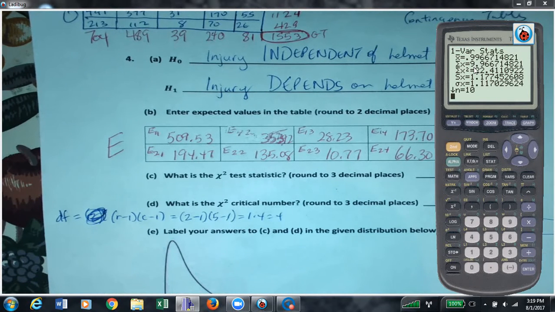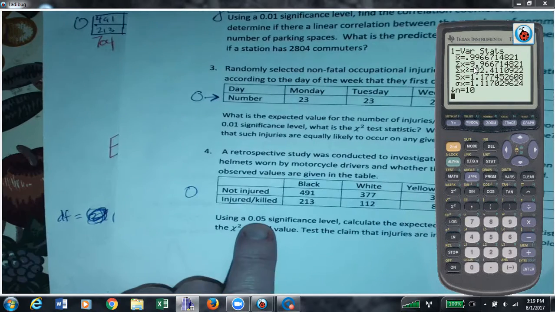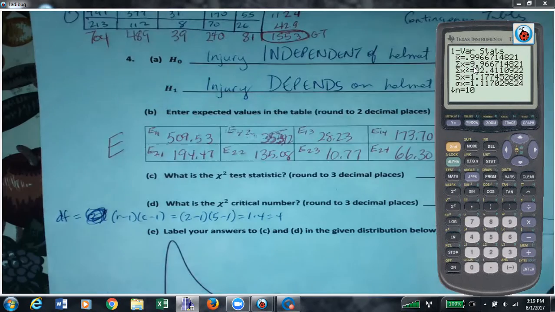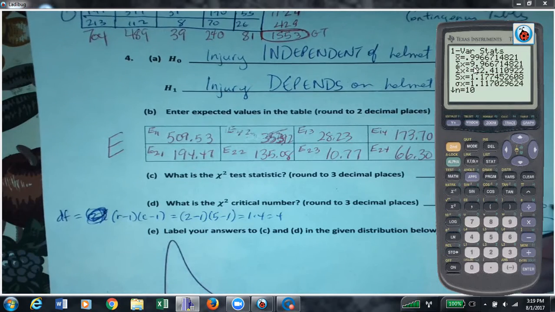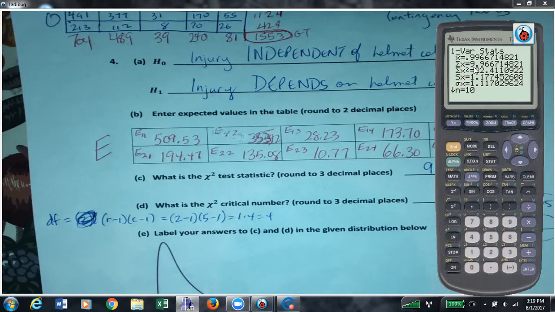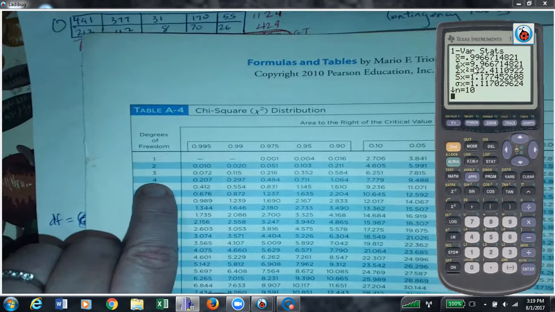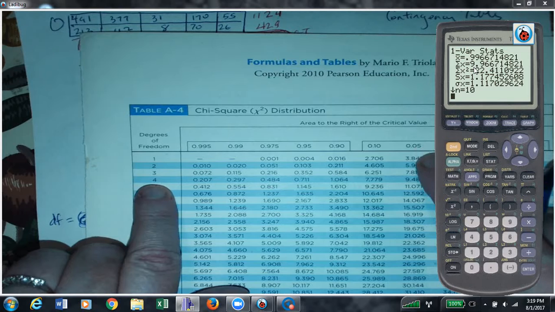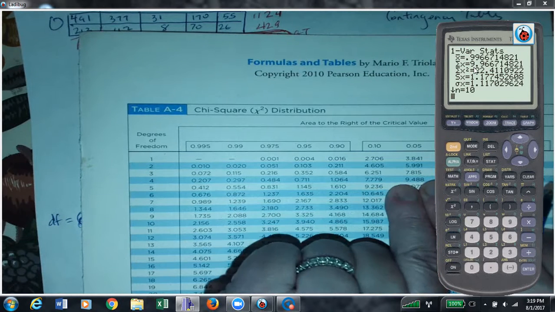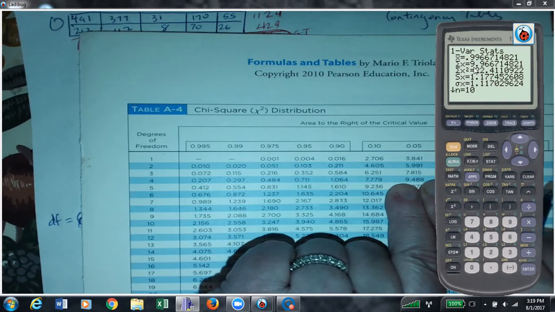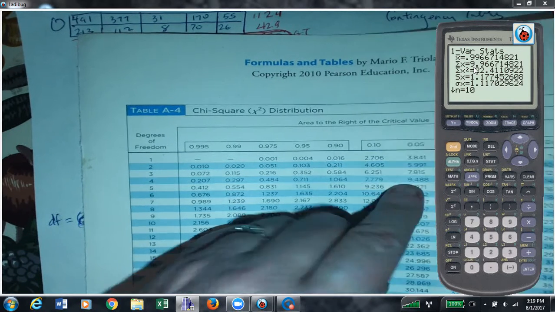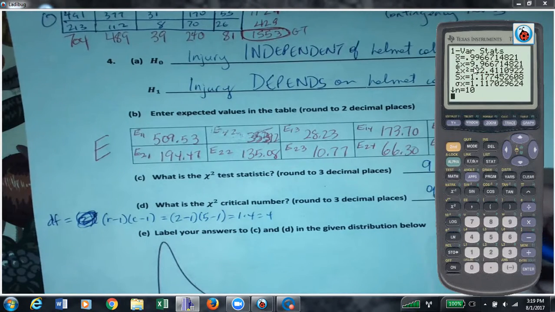And what was alpha for this problem? Use a 0.05 significance level. So degrees of freedom is 4, and I have 9.488 for my critical value.